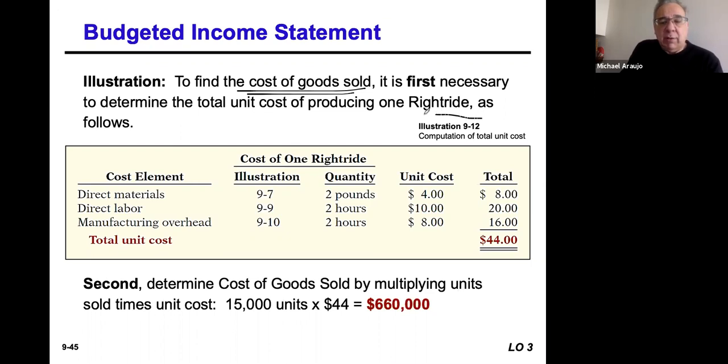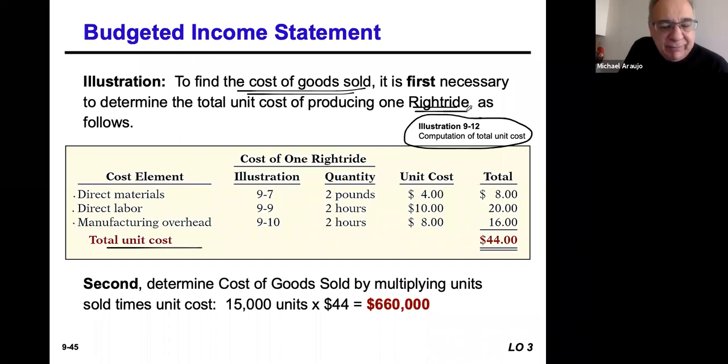And so one of the most important things in cost per unit is, of course, the total unit cost is the direct materials costs for one, plus the direct labor costs, plus the manufacturing overhead to produce one product. And our product here is called the right ride.